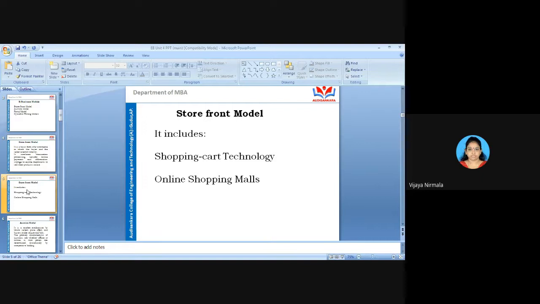So the product catalog is hosted through the merchant server in the form of a database. A database is a part of the merchant server.